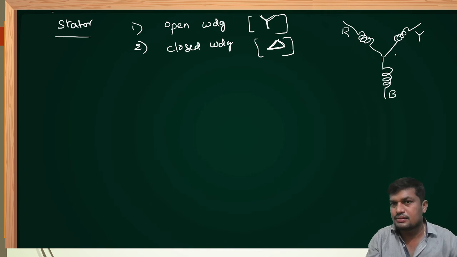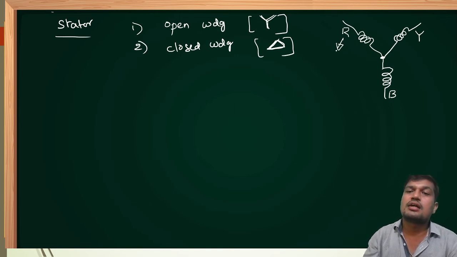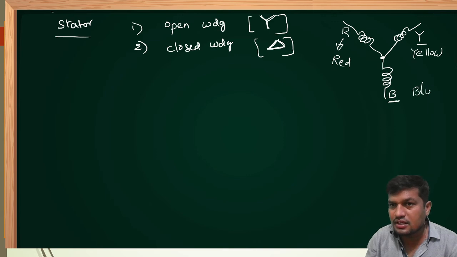Dear friends, in many textbooks different representations are used, but I am following the standard representation. What is that? RYB. RYB is nothing but colors. These are the colors of insulation on the conductor surface. R represents red color of insulation on this conductor. On this conductor surface we have yellow insulation, and on this one blue insulation.